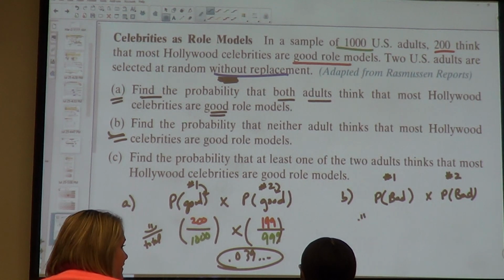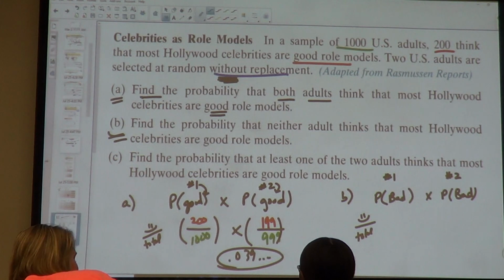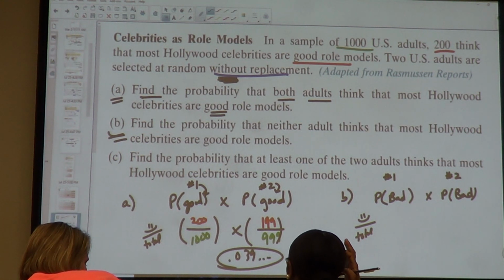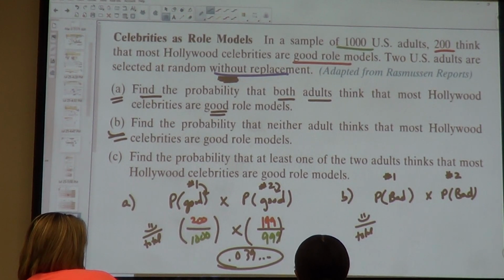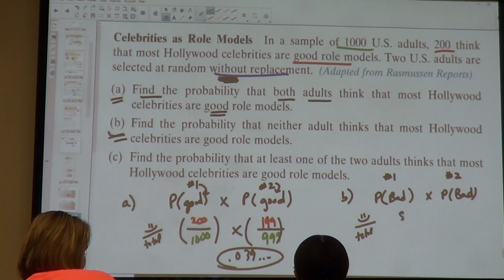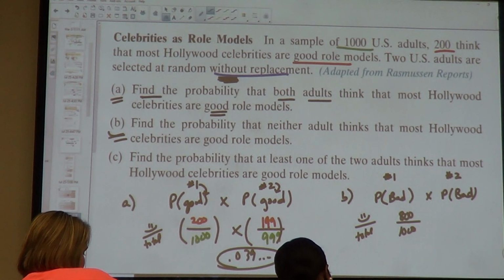So I want to know how many are bad. That's how many are bad. So then you gotta put in a fraction. How many of the adults are bad role models? 800 of the 1,000 are bad role models.